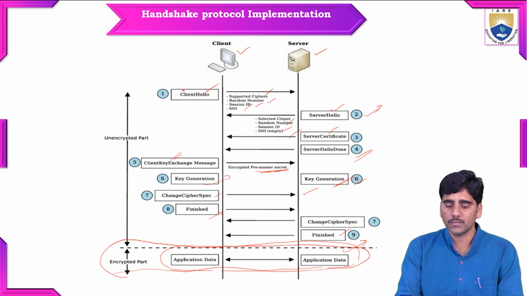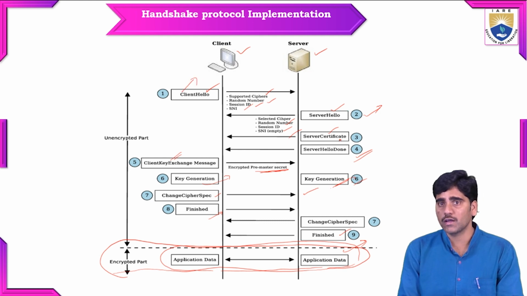So these are all the messages: client hello, server certificate, server hello done, client key exchange message, key generation, change cipher spec, finished, application data. These all indicate the handshake protocol message types.